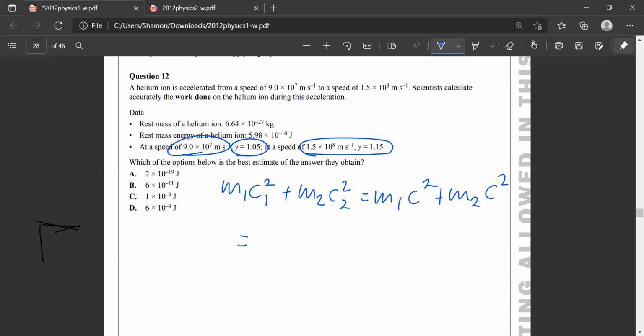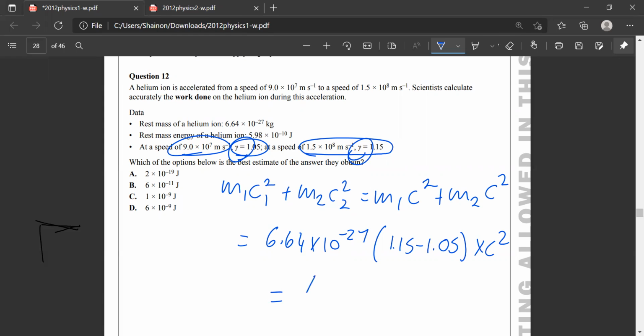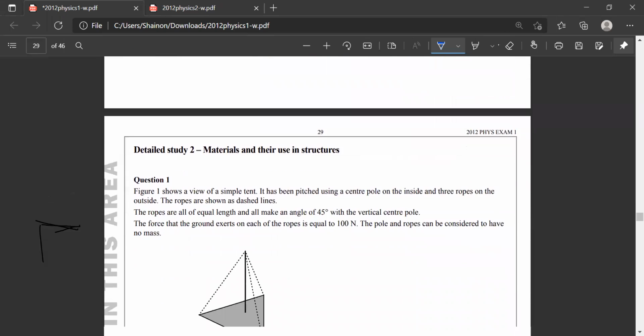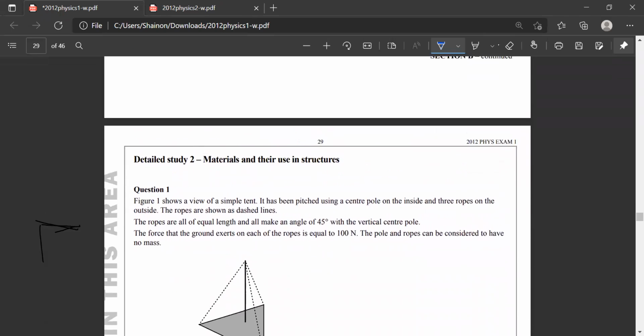Then when you rearrange this formula, you should get the change in this should be 1.15 times c squared, which is equal to 6 times 10 to the power of negative 11. And that's the first exam.